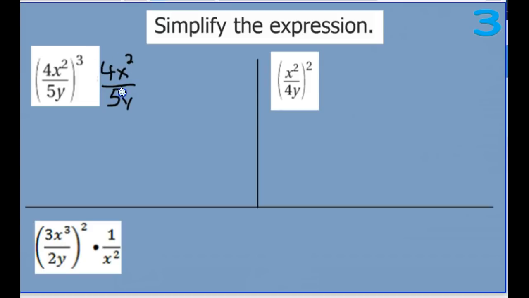So this is what's inside our parentheses. How many of those we have is this exponent right here. So we have 3 of those. So we're going to write that 3 times. So 4x squared over 5y, and one more time, 4x squared over 5y.